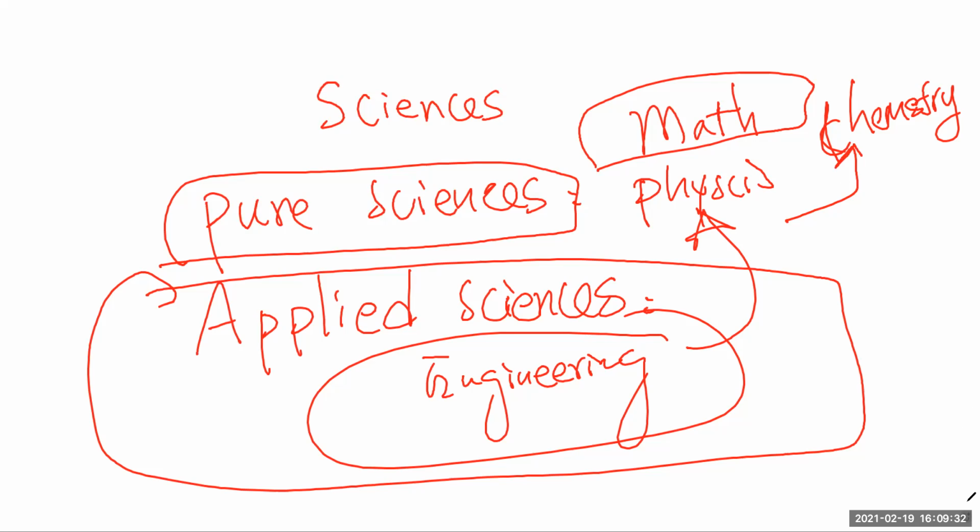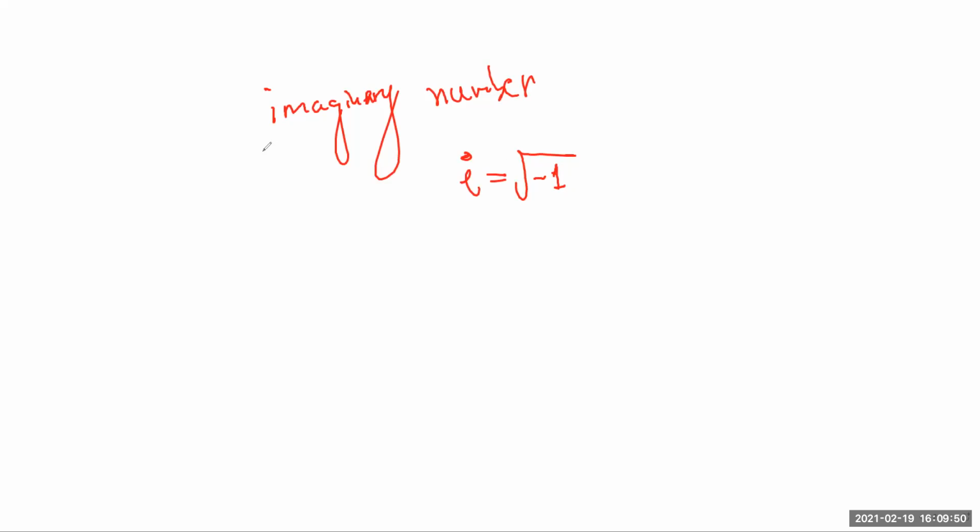So for example, the imaginary number. Have you learned about that? I think we talked about it a bit in pre-algebra when we were doing different types of numbers. We have this peculiar number called the square root of -1, and we call it an imaginary number because we don't see it in the real world.